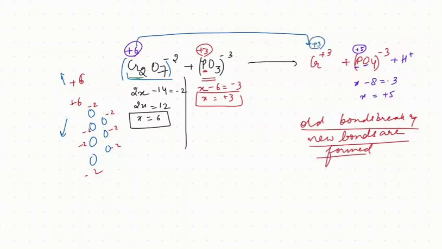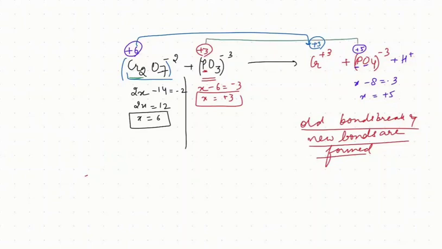You have to remember and understand this concept, because if you forget this, then what is going to happen? Just see. So we have this part, right? When we are talking about this particular part, just have a look. We say +6 to +3, and +3 to +5. So basically phosphorus is getting oxidized, because increase in oxidation number is oxidation.